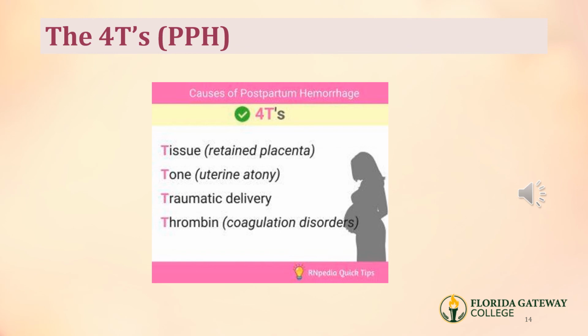People that have frequent miscarriages sometimes will be put on heparin during the pregnancy because they have found that some of the biggest issues with people having multiple miscarriages is some sort of a clotting disorder. So those people are going to be at higher risk for bleeding.